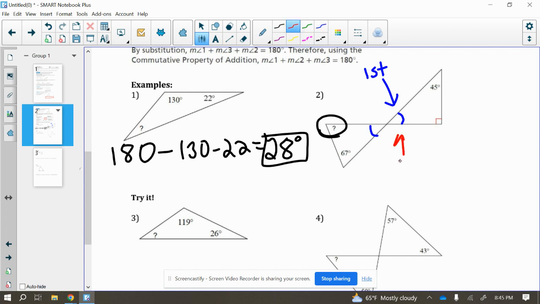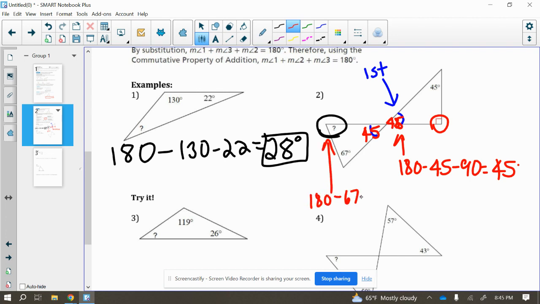So if we take 180 minus the 45-degree angle, and then this would be a 90-degree angle, we would get this to also equal 45 degrees. And then from there, again, our vertical angles are congruent, so this would also have to be 45 degrees. And then finally, we can find our missing angle by doing 180 minus 67 minus the 45 to get our remaining angle of 68 degrees.